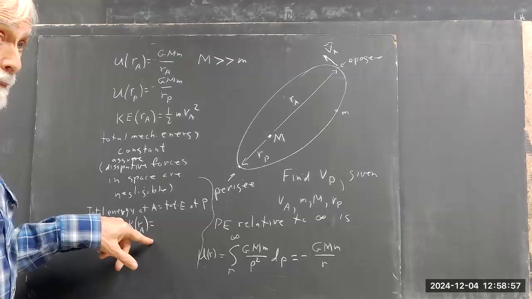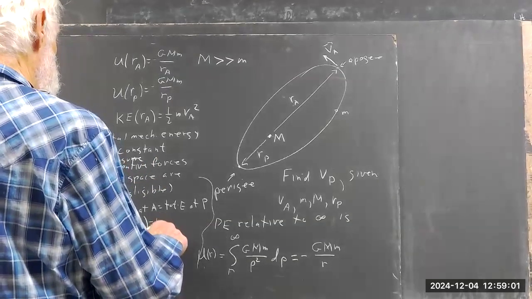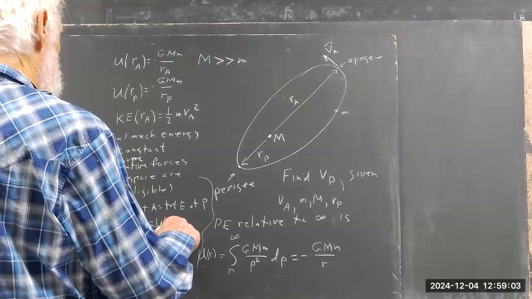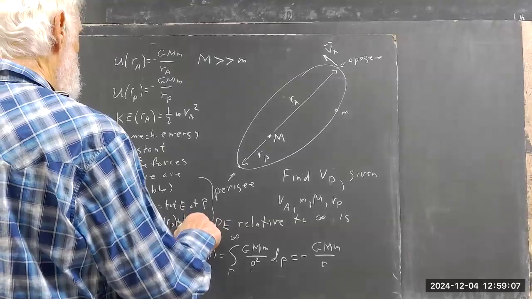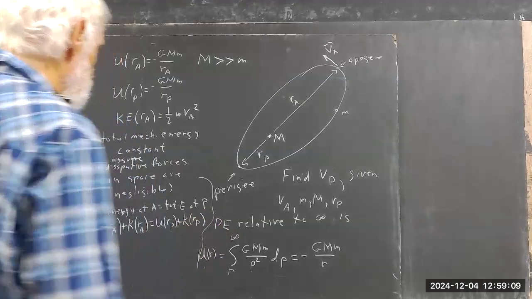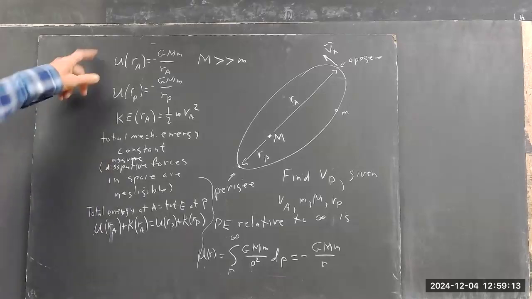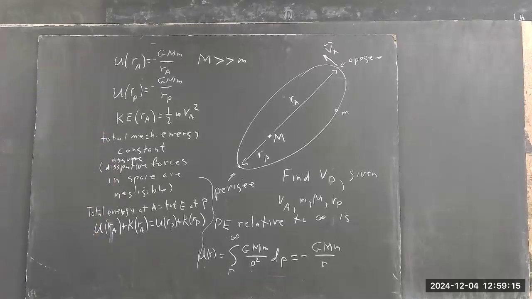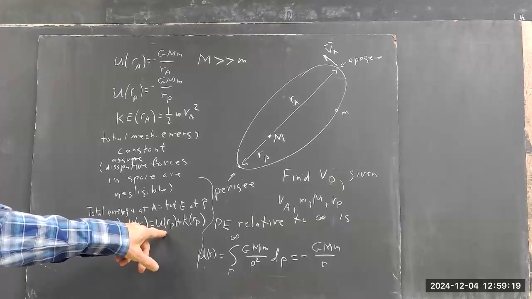Your velocity is a function of where you are. Equals U of RP plus K of RP. Now, in this equation, what do you know? Well, right here it is, 3 things. You know this, and you know this.